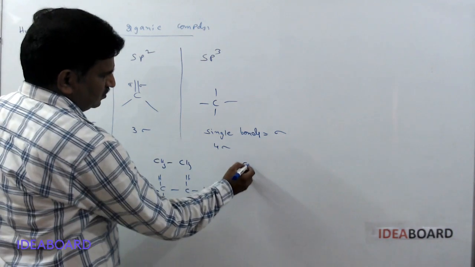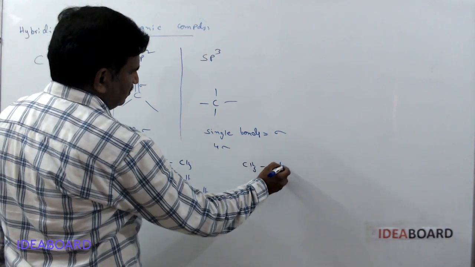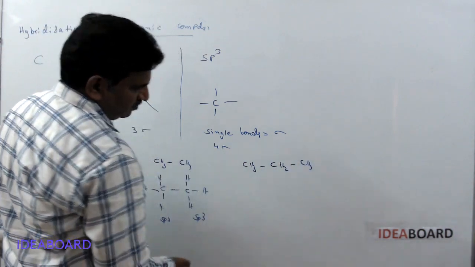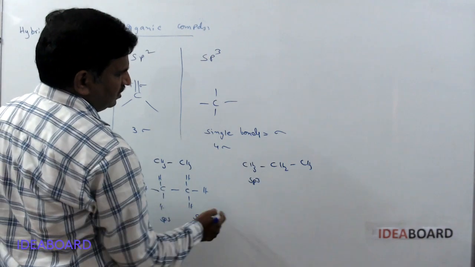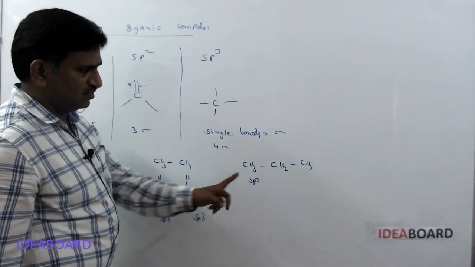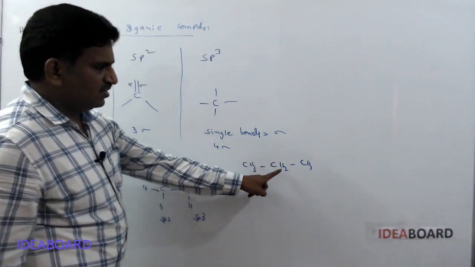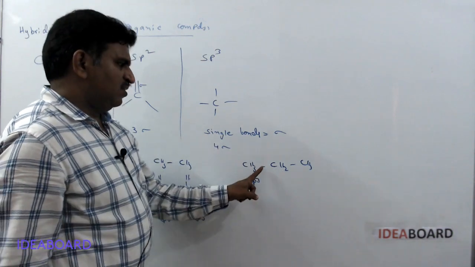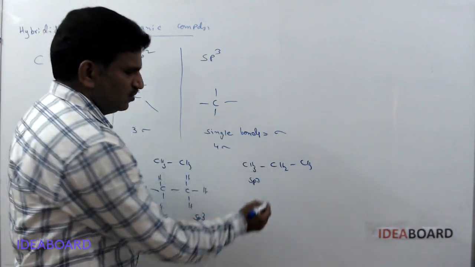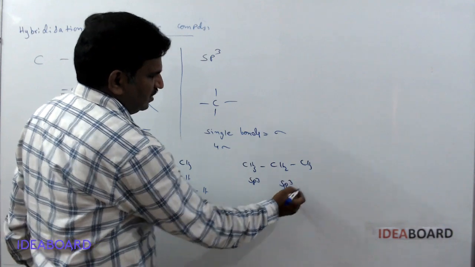And suppose there is CH3-CH2-CH3, here also this is sp3 because 3 hydrogens, 3 sigma bonds, and this is 4 sigma bonds, and this is 2 hydrogens, 2 sigma bonds, back side one, front side one. So this is also sp3 and this is also sp3.